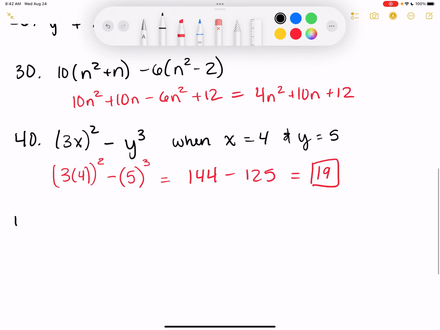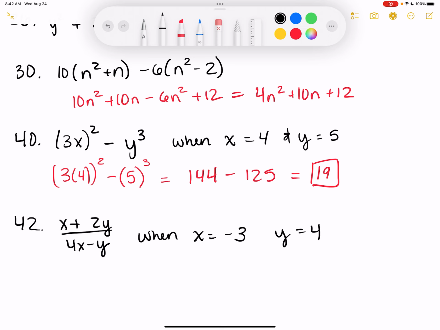Getting to one that's a little bit harder. Not really, but a tiny bit. (x plus 2y) over (4x minus y) when x equals -3 and y equals 4. Try this one on your own first, and then we'll go over it.